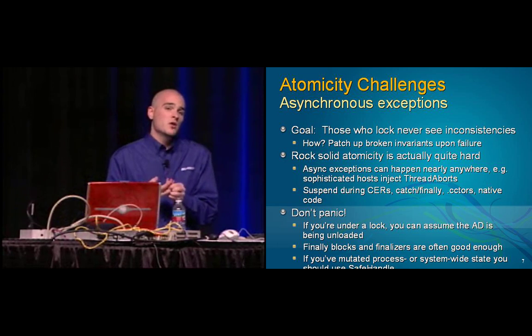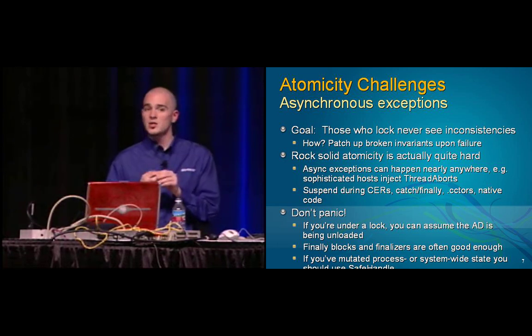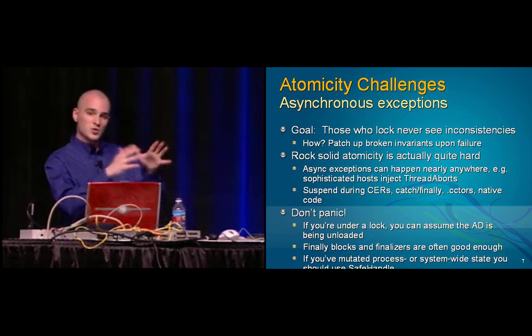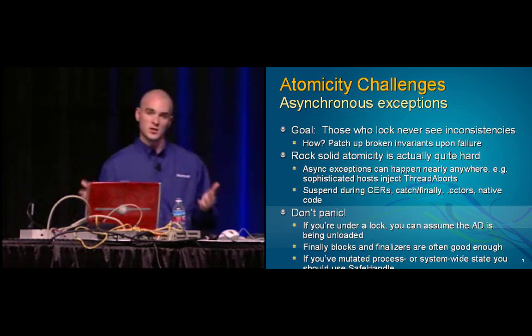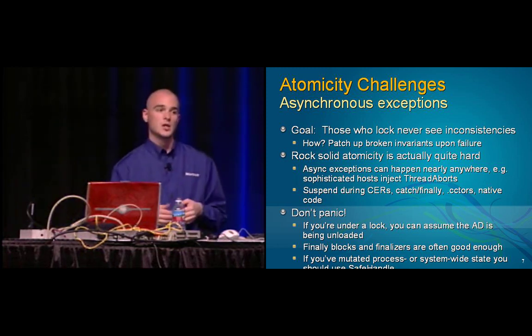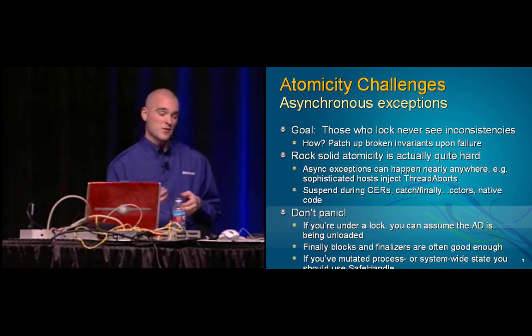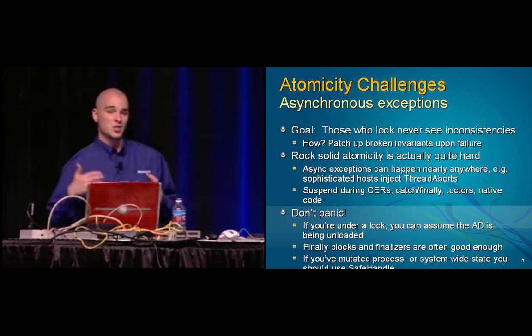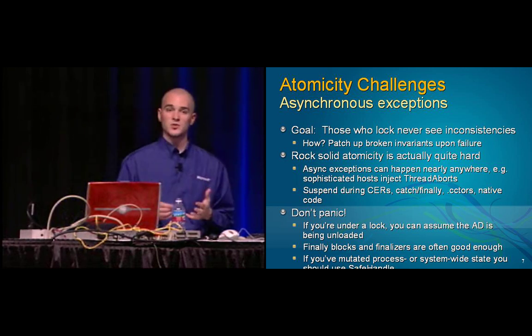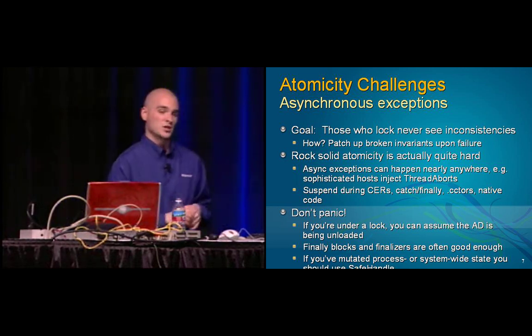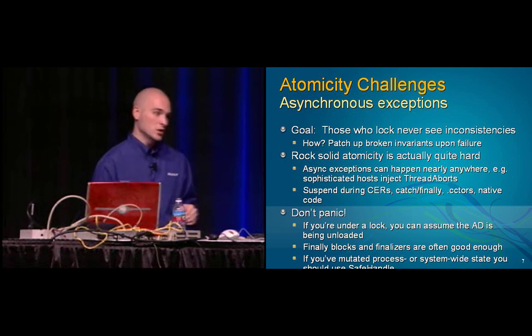The only scenario where you really need to worry is if you've mutated cross-process state. Remember in the first slide we talked about sharing things by using memory mapped I/O and kernel objects. If you're doing any of that sophisticated unmanaged interop, then you're definitely going to want to use safe handles. Take a look at that feature, and go to Brian's talk on Thursday, the reliability talk.